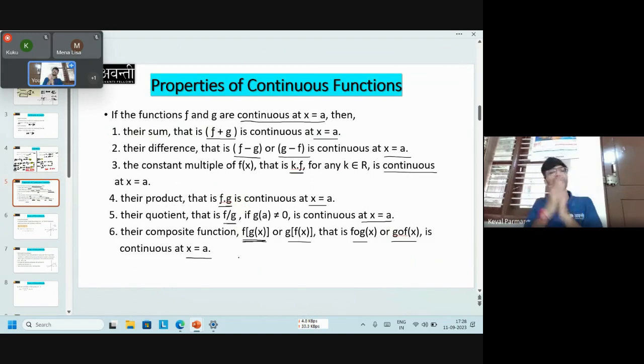We are talking about all this at the point x equals a.